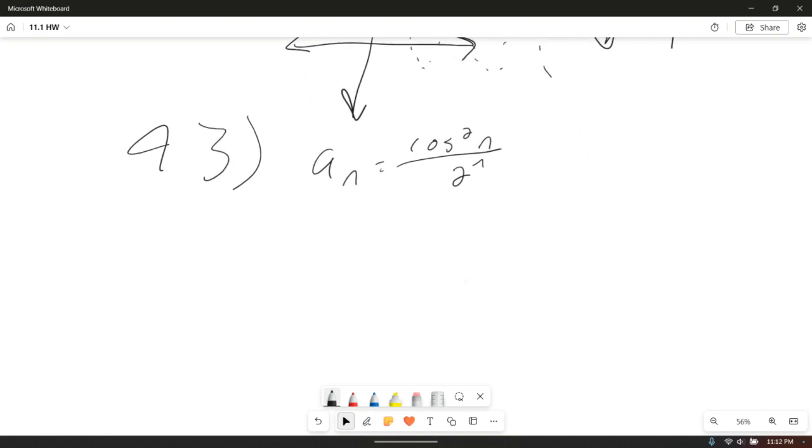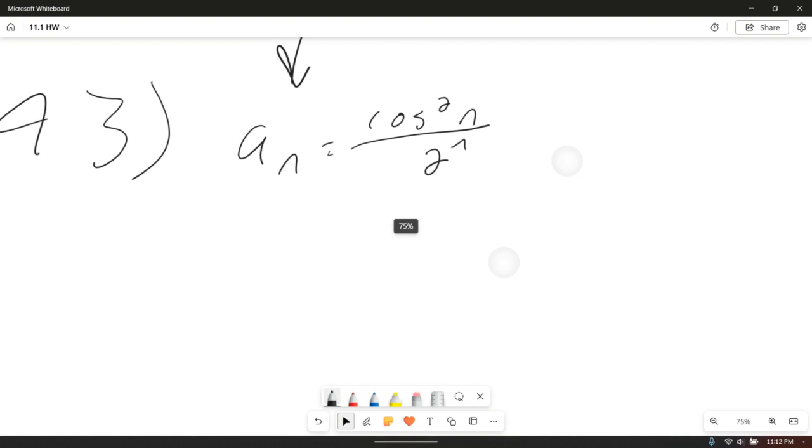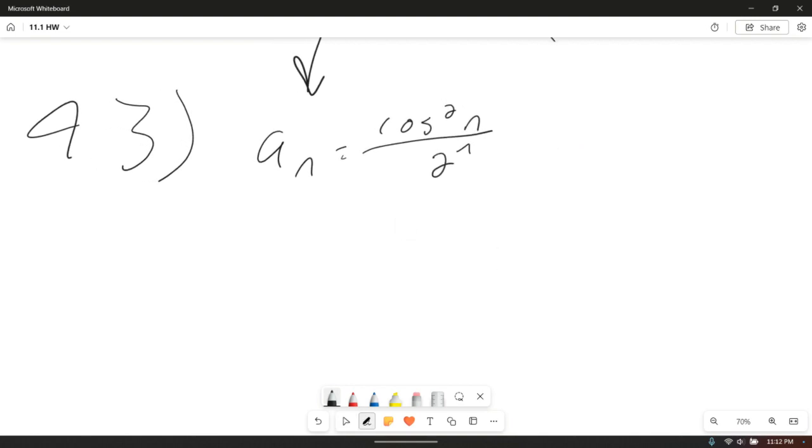Okay, so this is going to use what's called the squeeze theorem. All the squeeze theorem states is that for any three functions, say f of x, h of x, and, think of a variable here, k of x, I guess. The letters don't matter. It's all arbitrary.